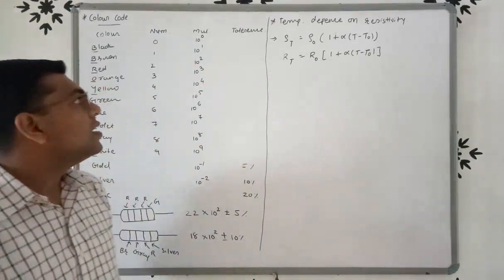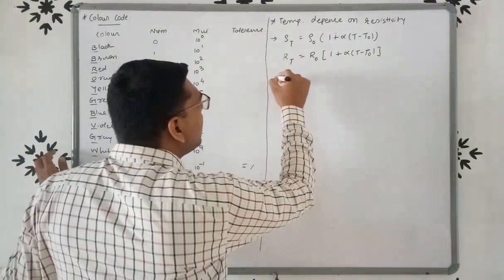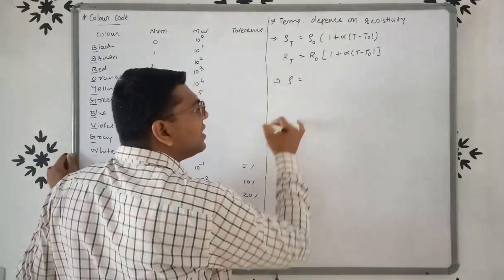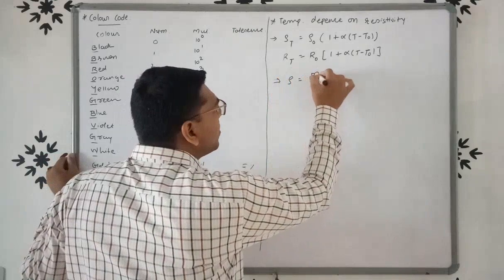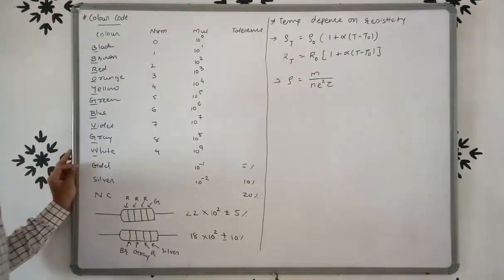Now we already discussed the relation between resistivity and relaxation time tau. Rho is equal to m by n e square tau, right?